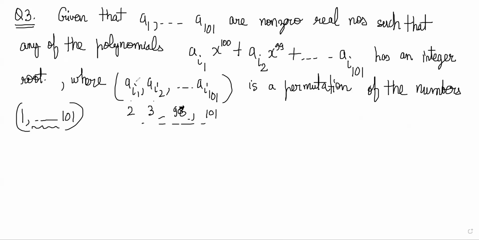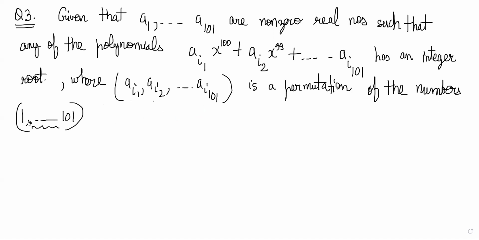So you can make so many different polynomials out of this. You'll have 101 numbers, there are 101 factorial permutations, so there will be 101 factorial different polynomials. The question's claim is basically saying that given these 101 numbers, if you put the coefficients in any permutation, this polynomial has an integer root.